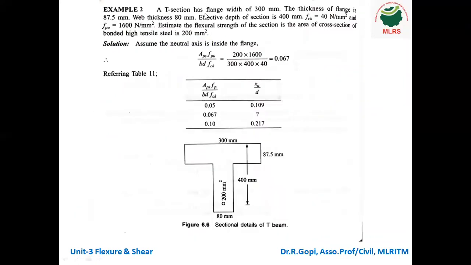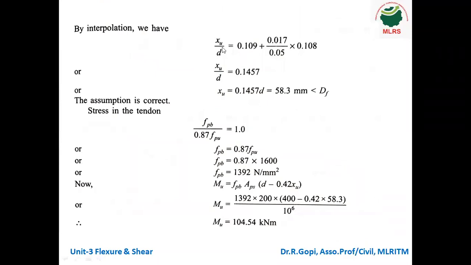This is pre-tension only. You can see bonded high tensile steel; they have given bonded. It is pre-tension only, and this table is also for pre-tension. Here you can see how to calculate the xu by d ratio if it falls in between.